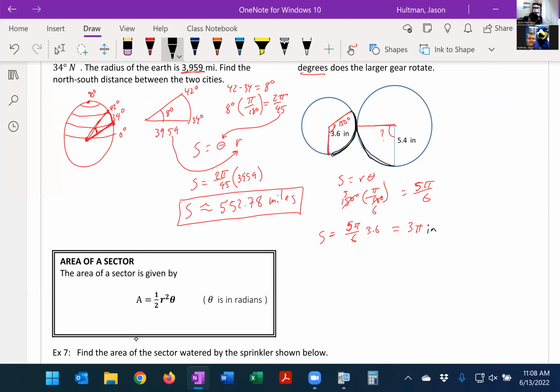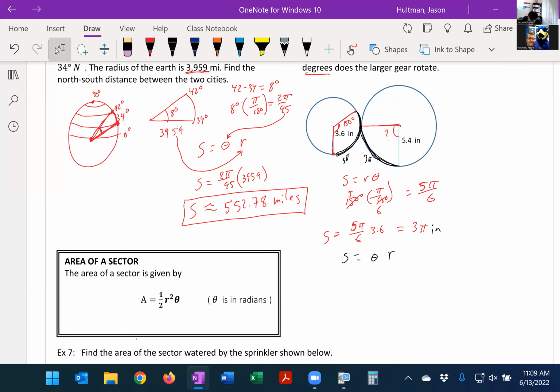It's going to have to go through the same arc length. So this guy was 3 pi, and this guy over here is 3 pi because they're going to be moving together in sync. Okay, but we know that S is equal to theta times R.